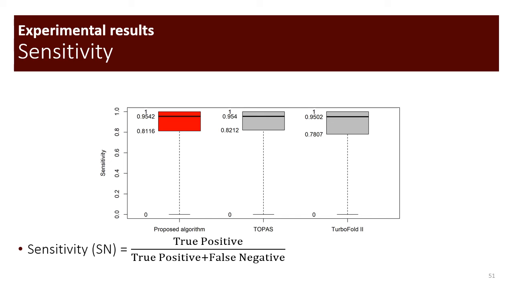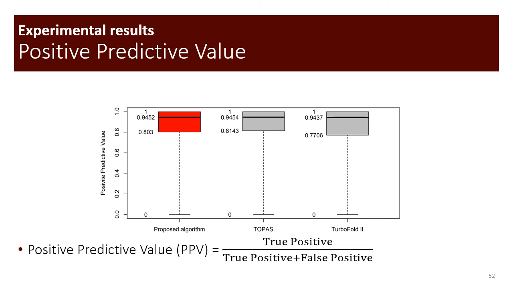As you can see from the box plot, the sensitivity of the proposed algorithm shown in the red box was very competitive. PPV is the ratio of the true positive to the sum of the true positive and false positive. False positive is the number of base pairs misaligned. Similarly, the PPV of the proposed algorithm shown in the red box was very competitive compared to those of the other algorithms.